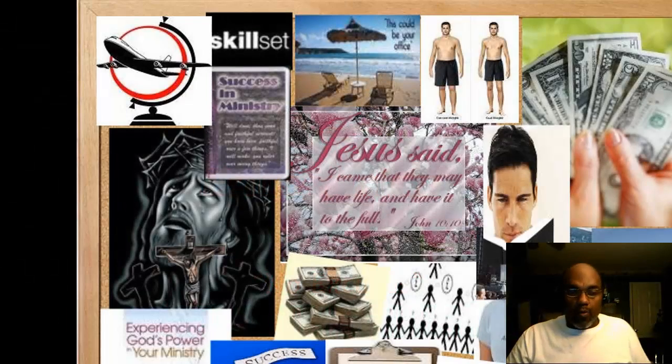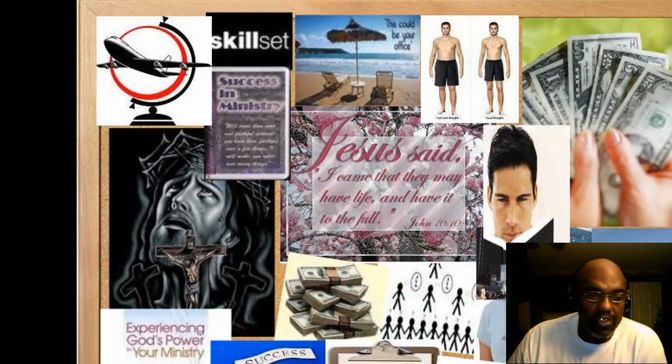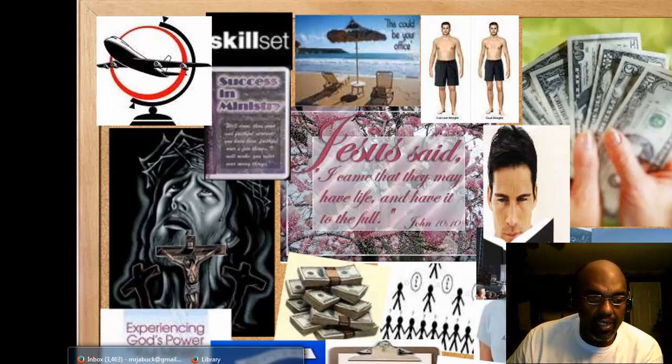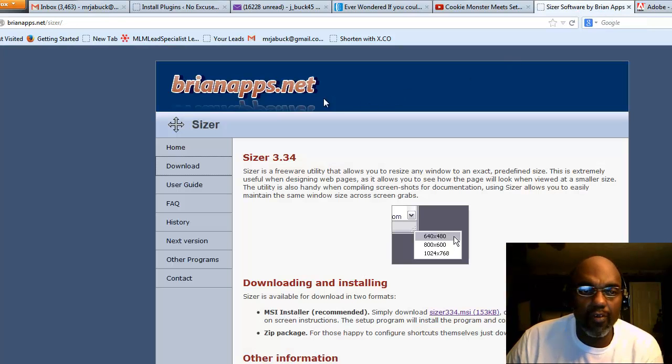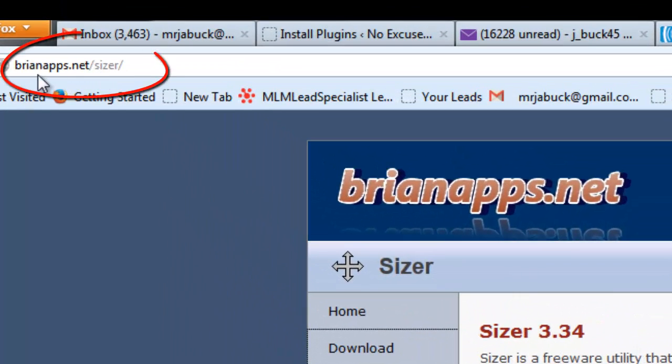All right, now we're in on my screen here with Camtasia, to show you this quick opportunity. First, in order to do this, you want to go to the software at brianapps.net/sizer.